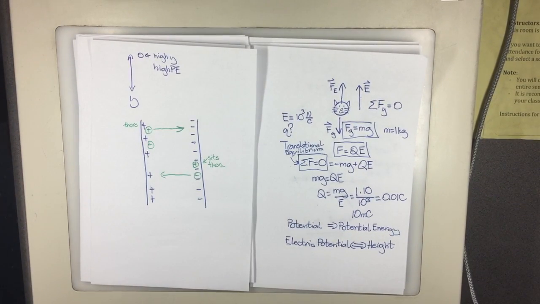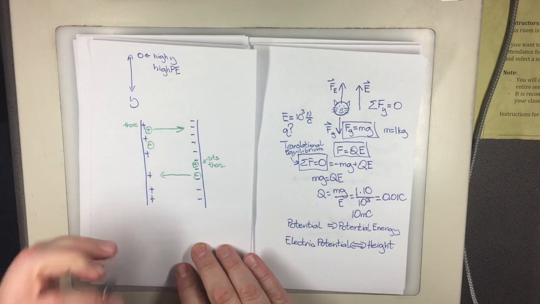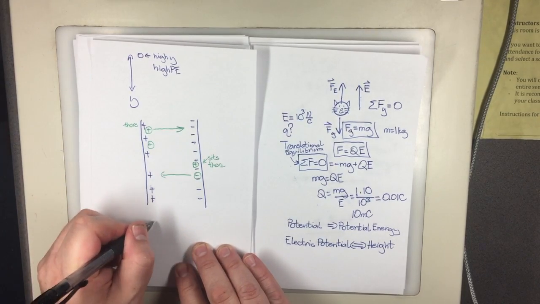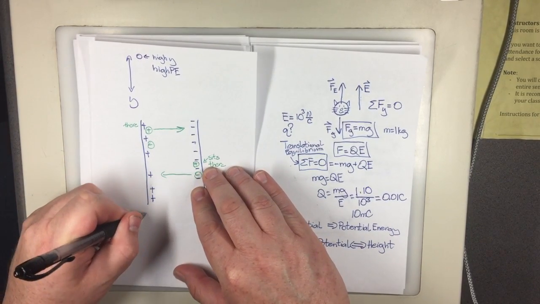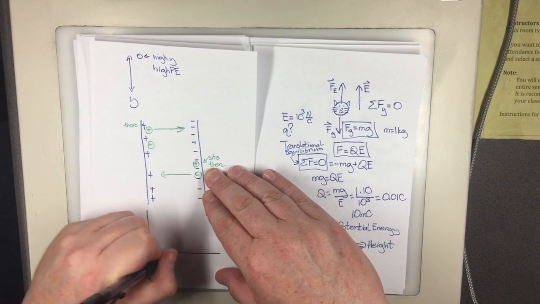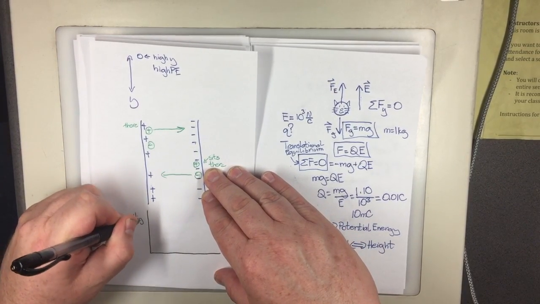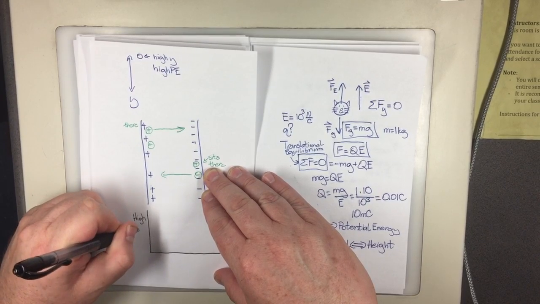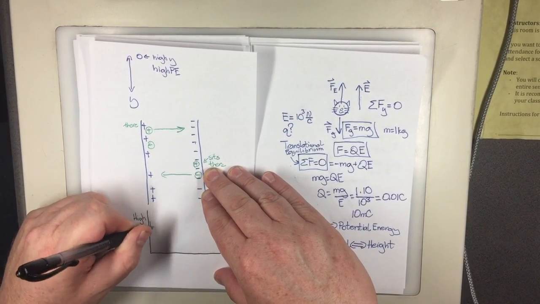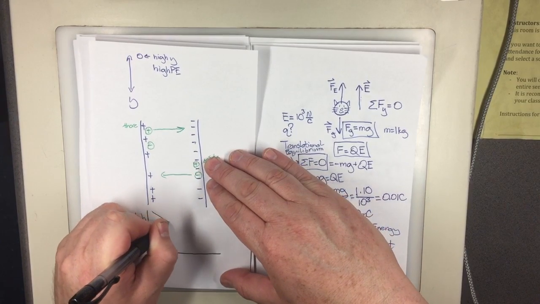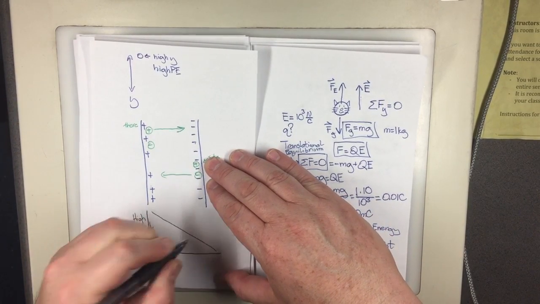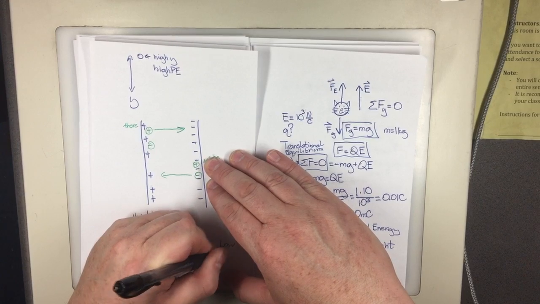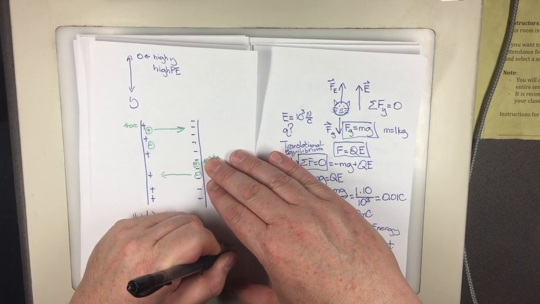What we have is, with high potential, it has the potential to have energy if things work right. In this particular case, the positive plate has high potential, and the further down you go, it has low potential.